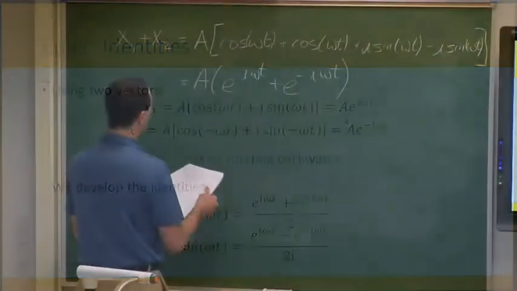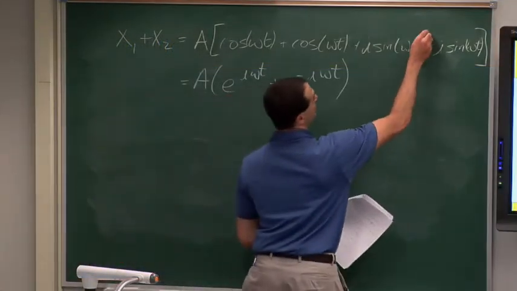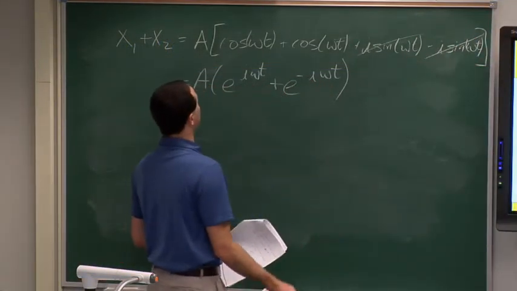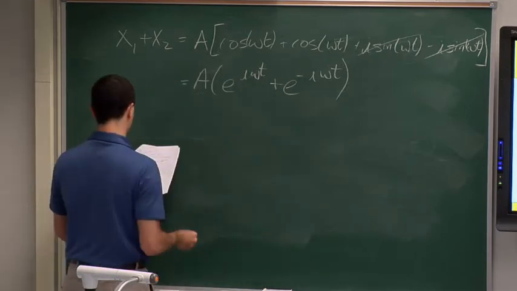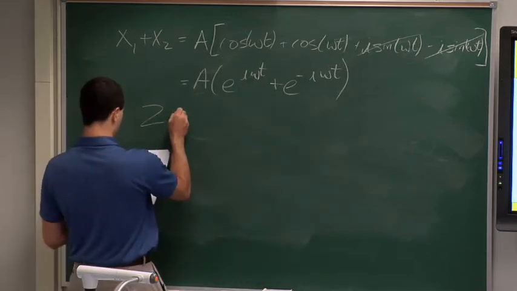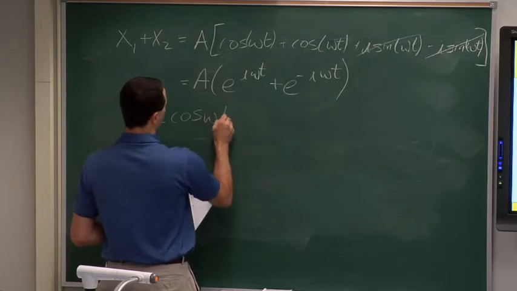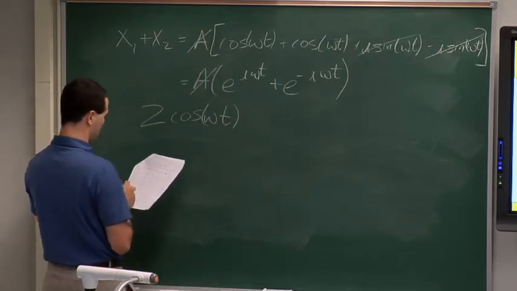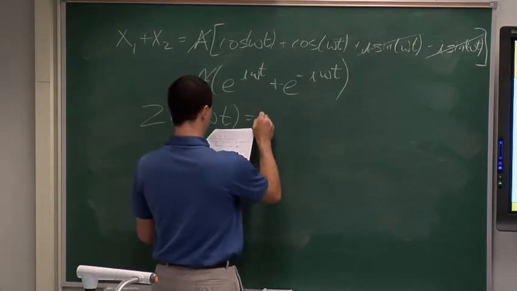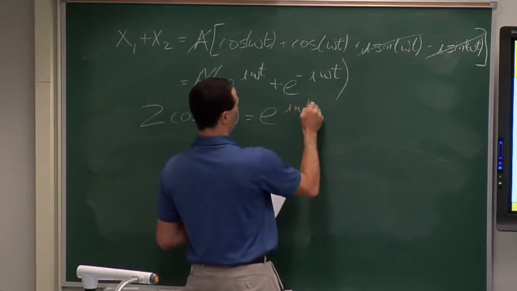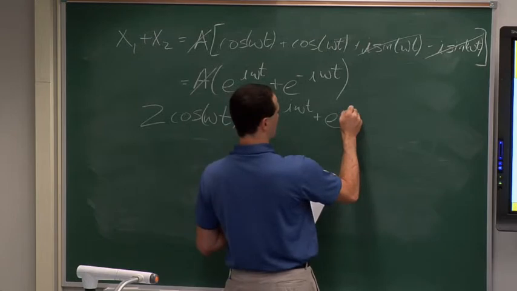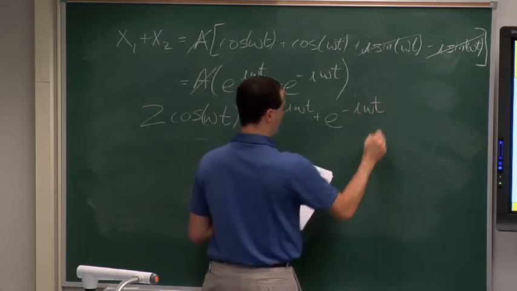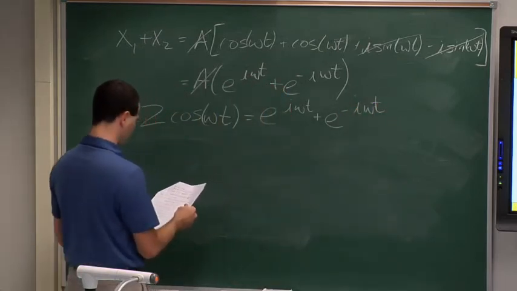Okay, so now what I want to do is, obviously, those sine terms cancel each other out, and I combine cosine, so I have 2 cosine omega t. The a's are on both sides of the equation, so those cross out as well. And then I have e to the i omega t plus e to the negative i omega t on the other side.